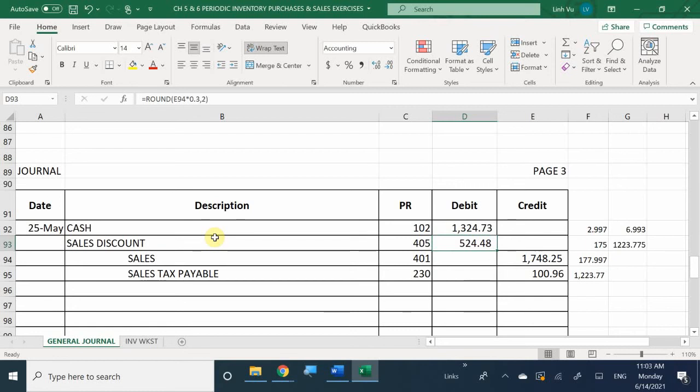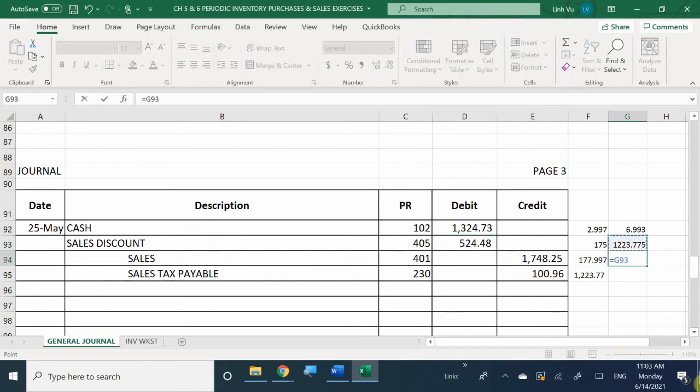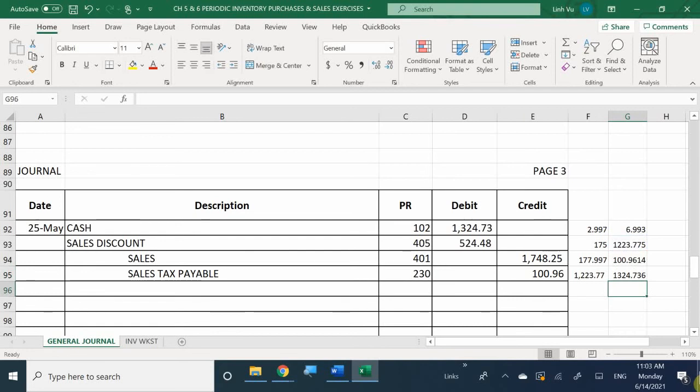So if you did it in context, like Kim was saying, you were looking at it from a different standpoint where you discounted the per unit price. If I were to do that and multiply this by the tax, you would have gotten the same amount here for the 1324.73. That was correct. You were on the right track.